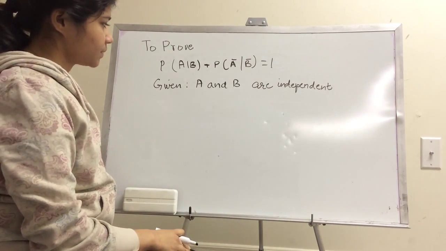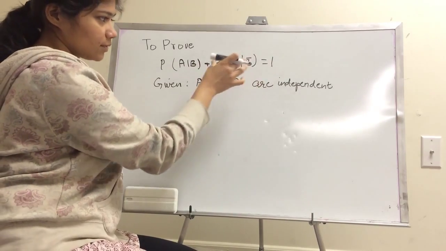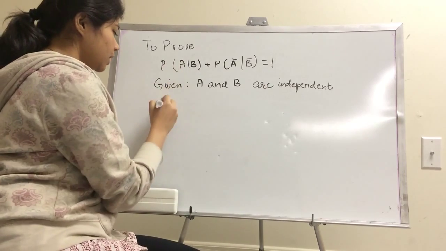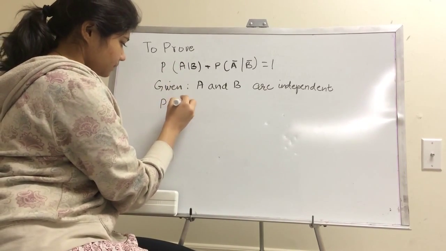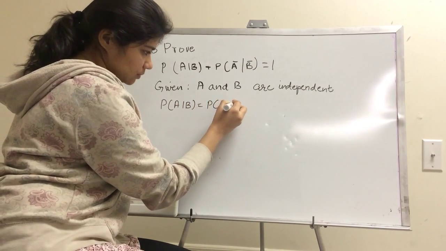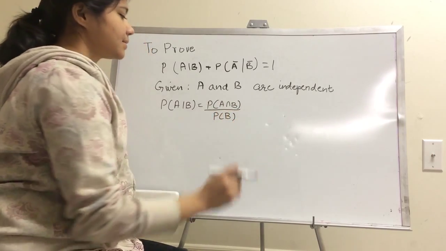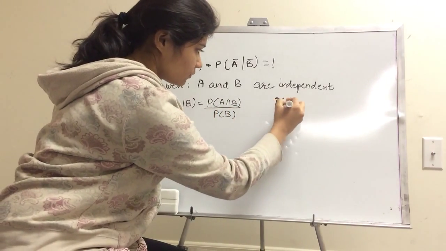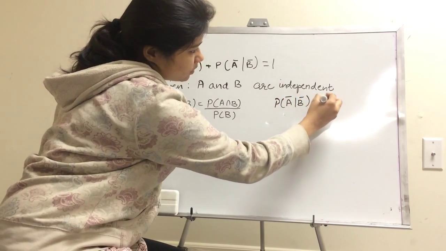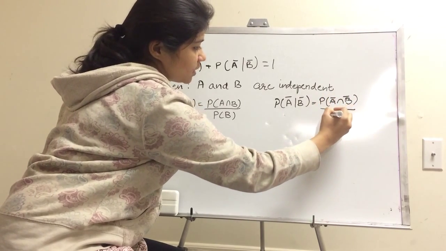So in order to prove this, first of all, I wrote what we need to prove in a simpler manner, that is by using the conditional probability formula. We know that probability of A given B is given by probability of A intersection B upon probability of B, and similarly probability of A bar given B bar is equal to probability of A bar intersection B bar upon probability of B bar.